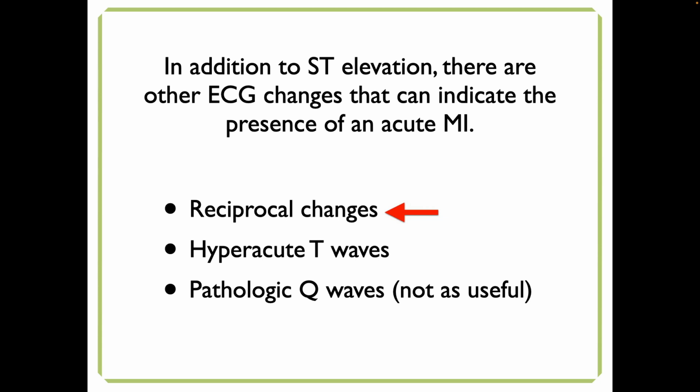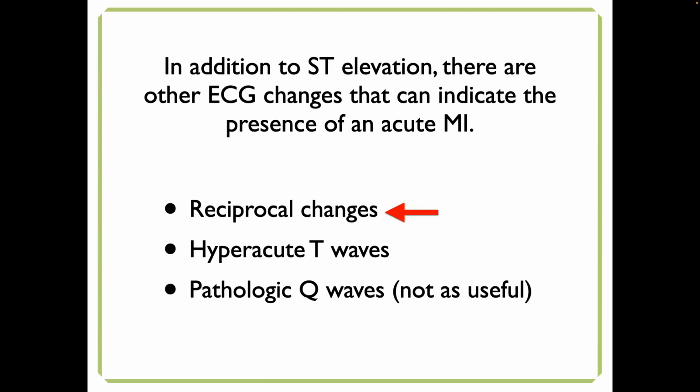Reciprocal changes are the gold standard. In a way, almost even more than ST elevation, but certainly in combination with ST elevation, if you have ST elevation and reciprocal changes, you're golden. It's straight to the cath lab.